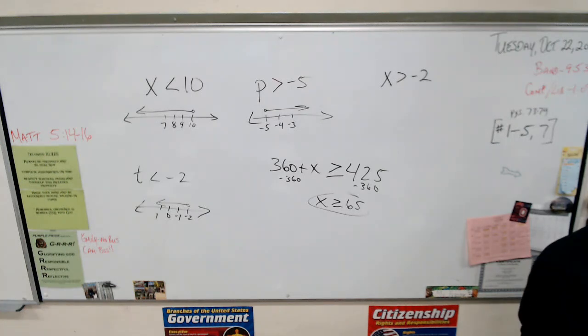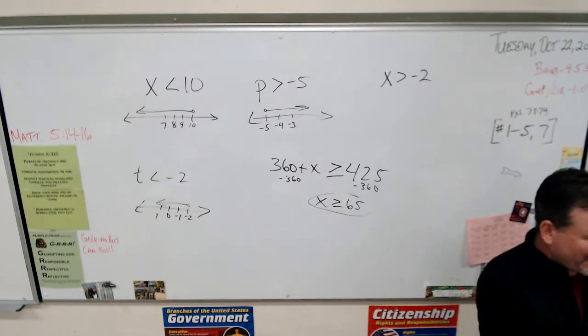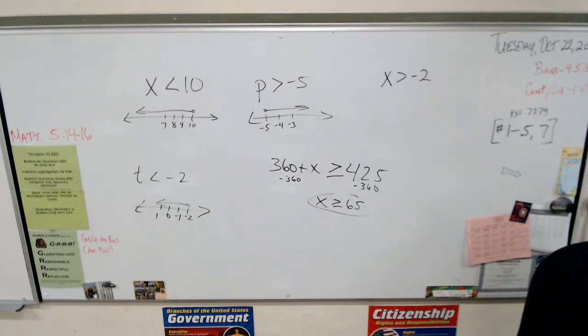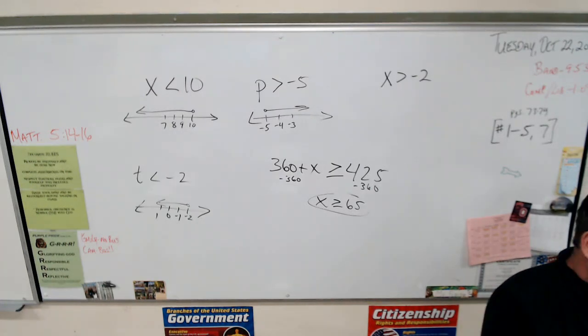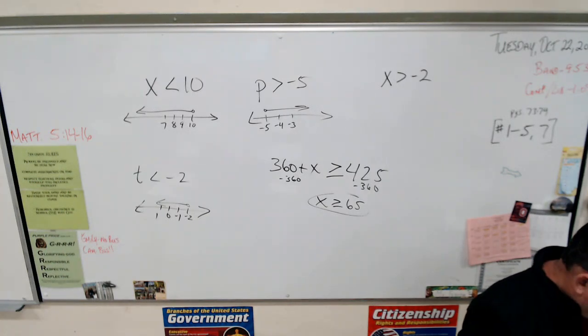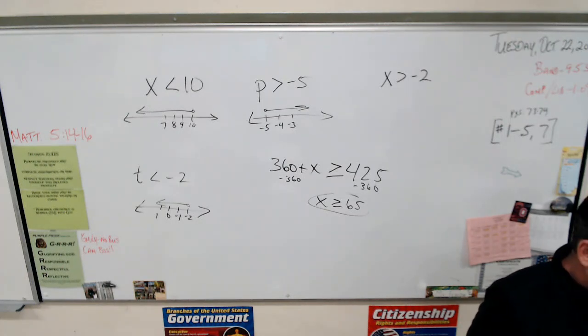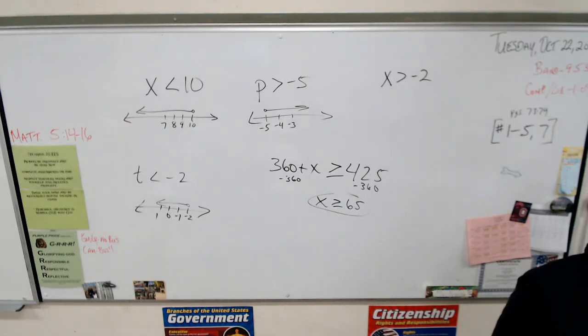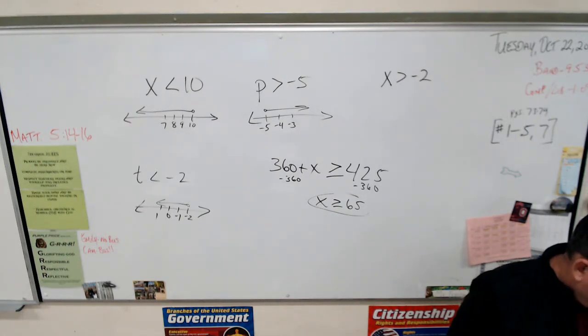Number 11. What would that inequality look like, looking at that graph? Same thing I told David. Open your book and try to follow here. David, what would your inequality look like looking at that graph? X is greater than -5. You're very close. Look at the graph on number 10, David. What is over top of -2? Is it a closed circle or an open circle? Open. That means just greater than.